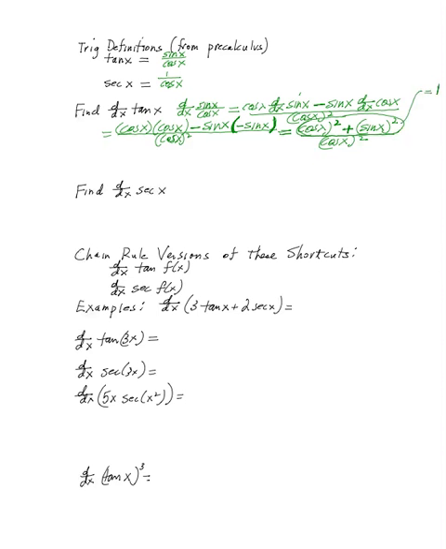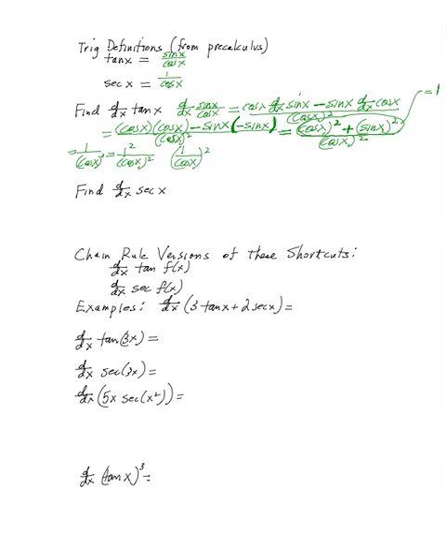So what I have is 1 over cosine x quantity squared. But I can write that as 1 squared divided by cosine x quantity squared. And I can write that as 1 over cosine x, that quantity squared.